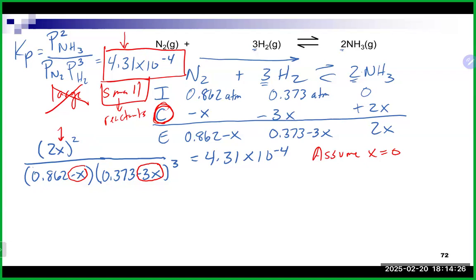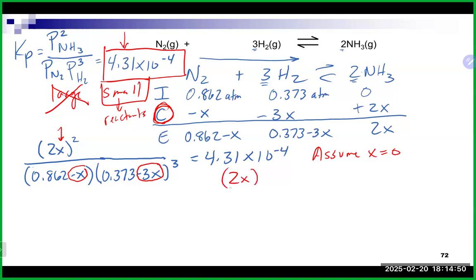If you've got nothing and you get something, that's significant from where you started. But if you already have something and you lose a little, it may not be that big of a deal. So that again is why, besides the practical aspect that if you zero out all the x's you have nothing to solve for, we don't zero out that x, because it started at 0. So whatever it gets is kind of significant.